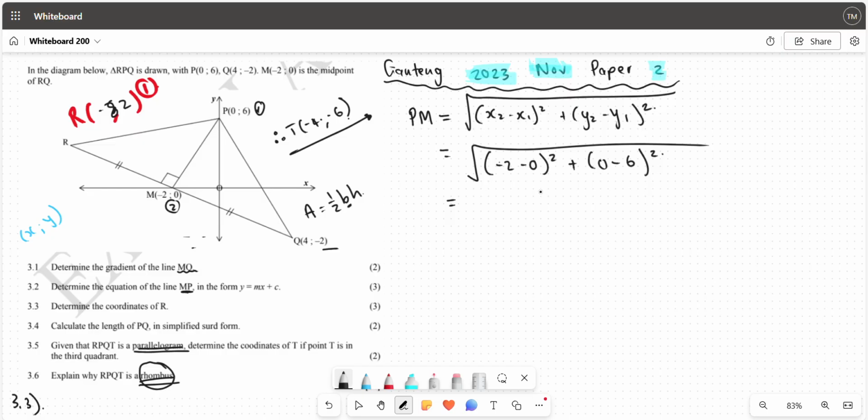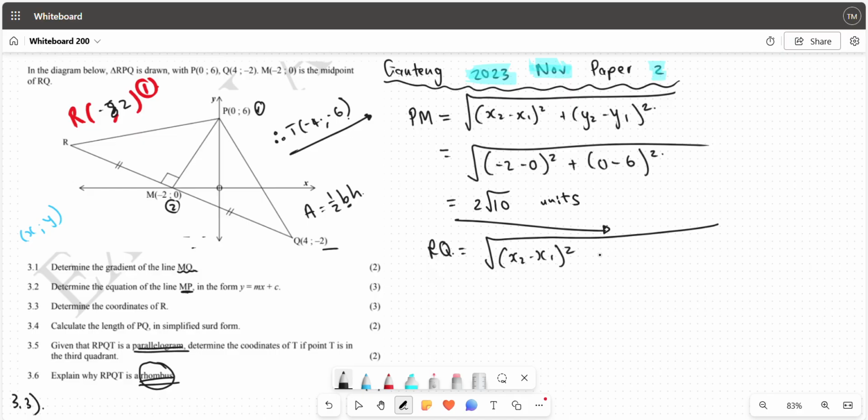All right, so that's how the substitution is going to look. Let's plug it in, let's see what we get. And there we go, we get 2 root 10 units. Then again, let's calculate RQ. And I think at some point we had the coordinates of R. There it is up there. So RQ, the distance of RQ, the distance formula again. And I'm going to call this 1.